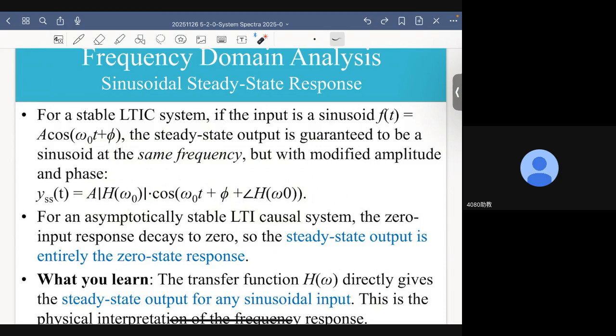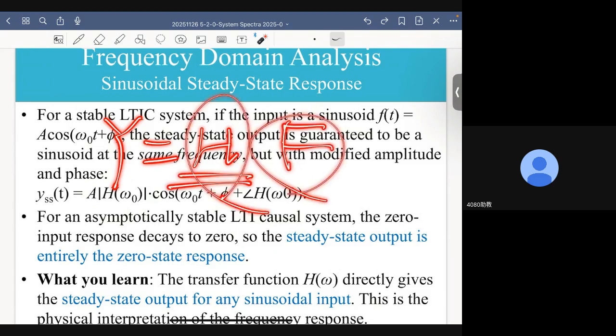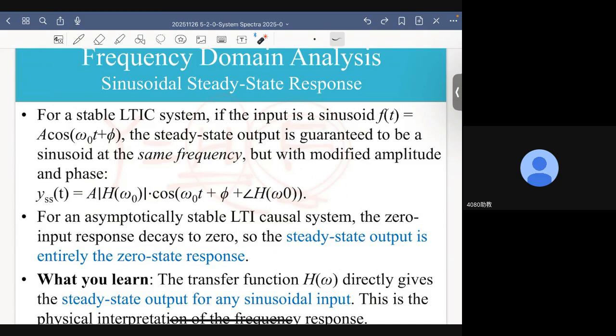By contrast, the zero state response explains the result of the input, not the result of the initial conditions. And the transfer function is related to the zero state response, not the zero input response. That is why we have this result: the transfer function times the input. It does not multiply the initial conditions.